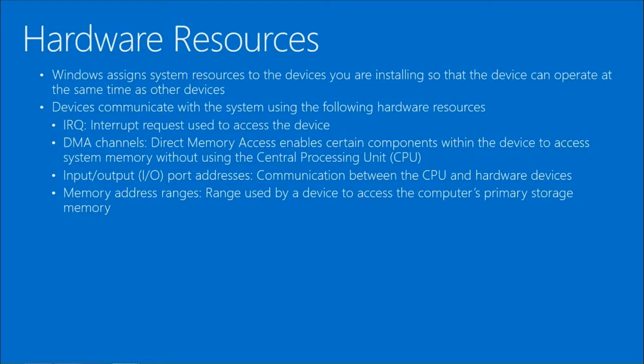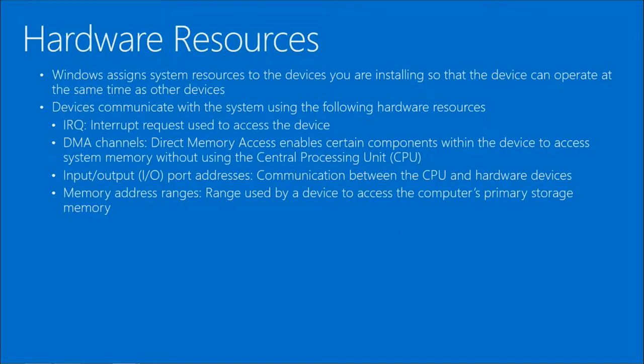Hardware resources. So to ensure that devices on your system can be addressed, they need to be uniquely identified. They're uniquely identified using things like an IRQ. Well, if we can go back to the slide, this is definitely an important slide: the IRQ, DMA channels, IO port addresses.